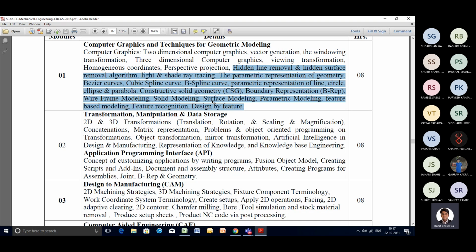So you will get questions on this topic in your MCQ as well as in the theoretical exam. When you ask, sir, हम लोग MCQ में क्या करेंगे, so when you look at this hidden line algorithm, B-spline curve, Bezier curve, lots of parameters you can find, and on those parameters we are going to ask you the MCQs.